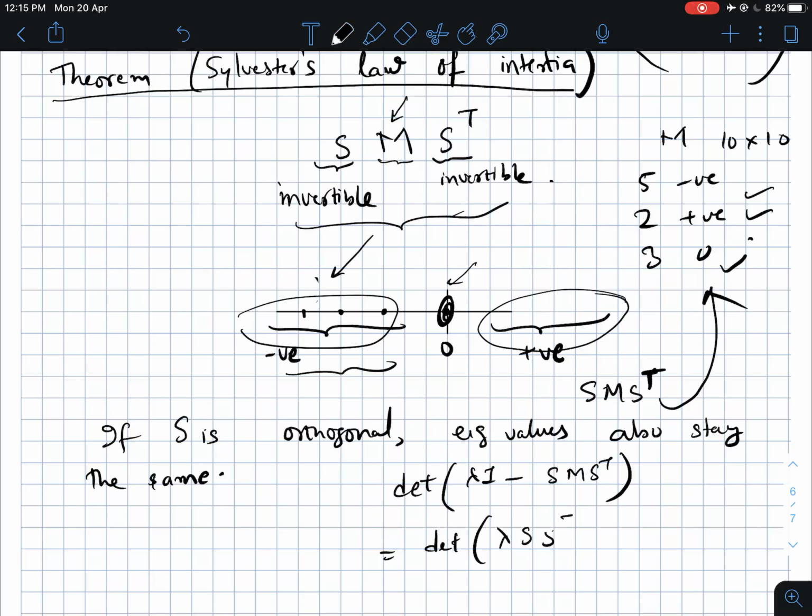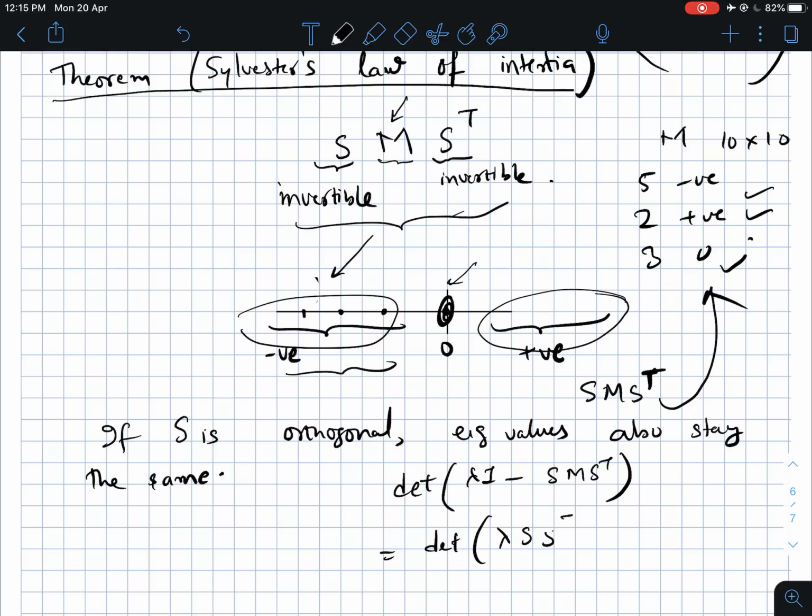Now determinant of S times determinant of S transpose is 1, because S is orthogonal, so you can simply erase these two terms. So the characteristic polynomials are the same and hence the eigenvalues are the same. So if S is orthogonal, the eigenvalues are also the same.